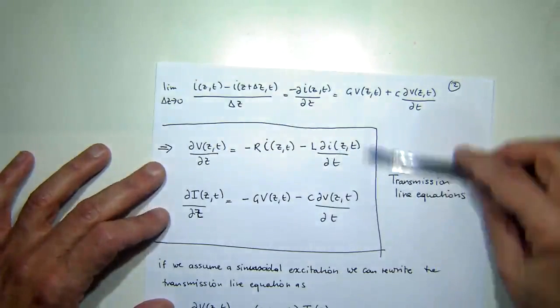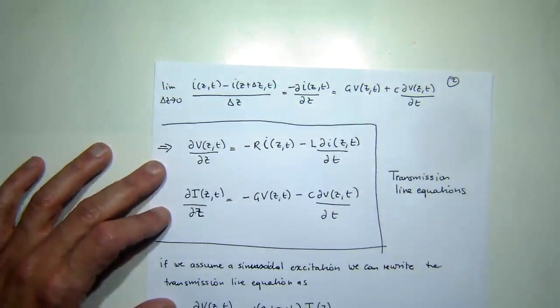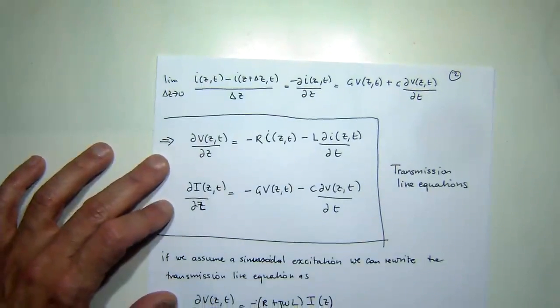These two relationships are what is known as the transmission line equations.